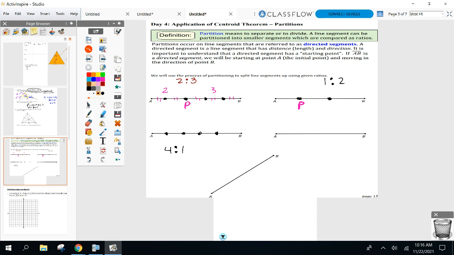And where are we putting point P to make it 4 to 1? Are we putting it on the last point you made? Point P. That's not too bad, right?